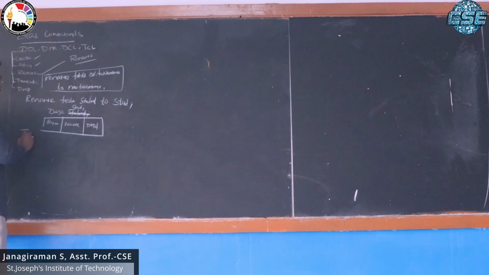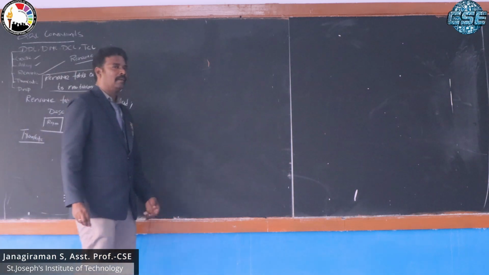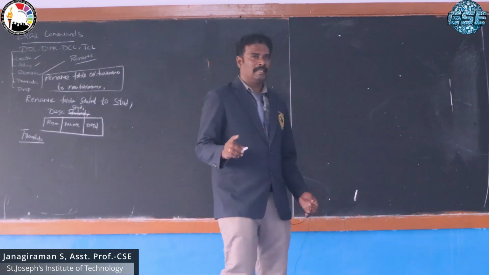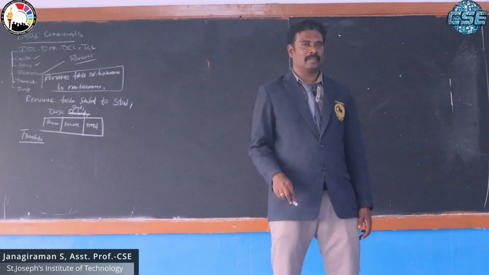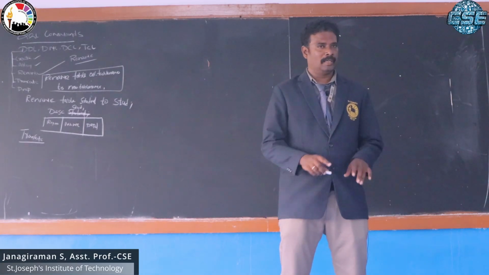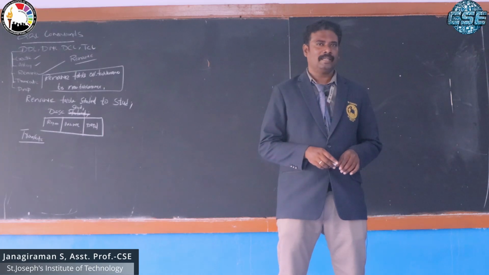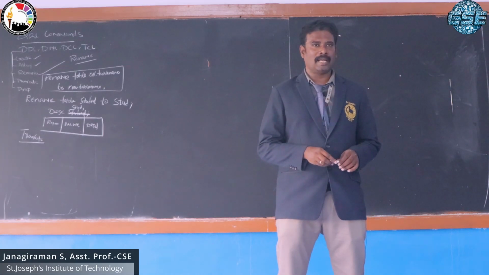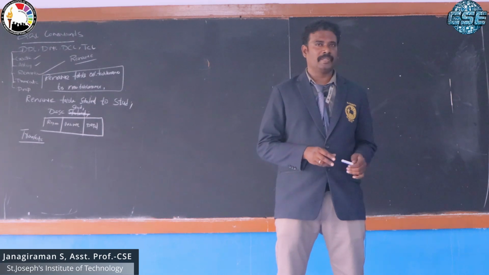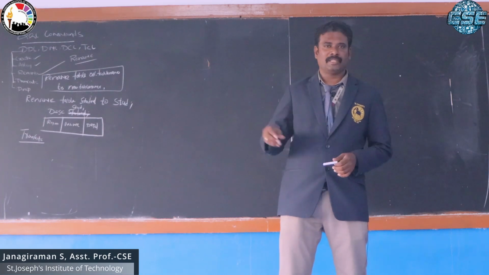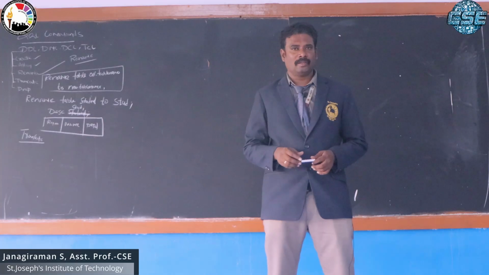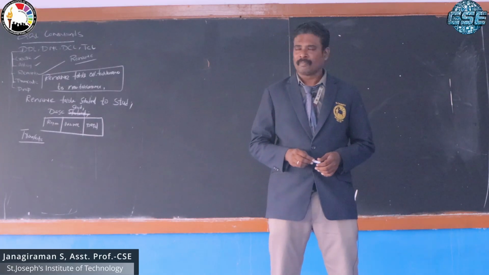Next, let's see what is truncate. Truncate is a command which deletes the records inside the table. We create a table structure, then we insert some records, right? Maybe a class contains 65 students. All the 65 students' records will be inserted with the help of DML commands.